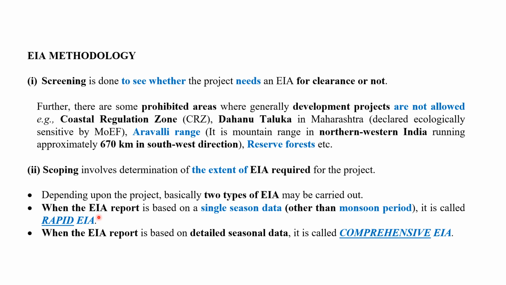Sometimes for development projects, one season's data is required. What are the various data we need? We have seen in the EIS in the previous slides. So that is called rapid EIA. When the EIA report is based on detailed seasonal data, it is called comprehensive EIA.